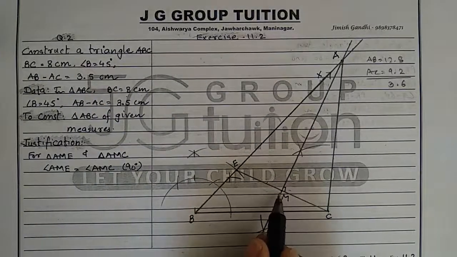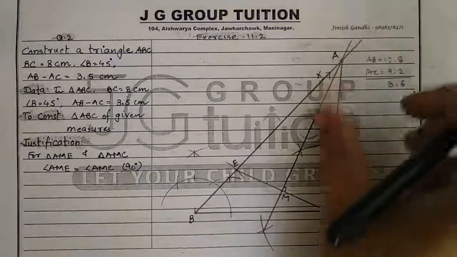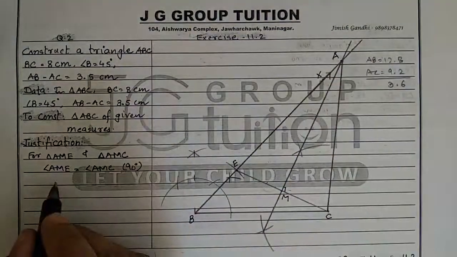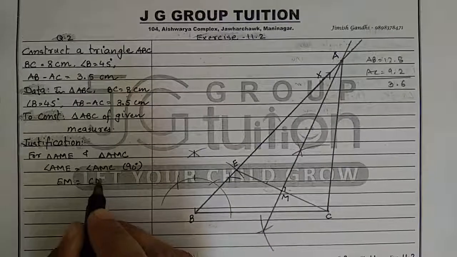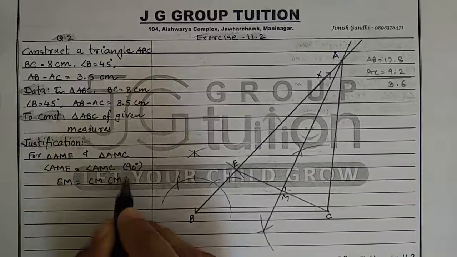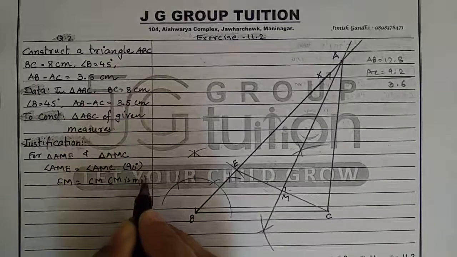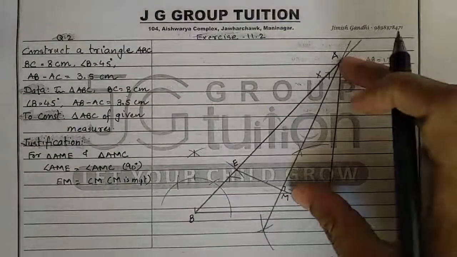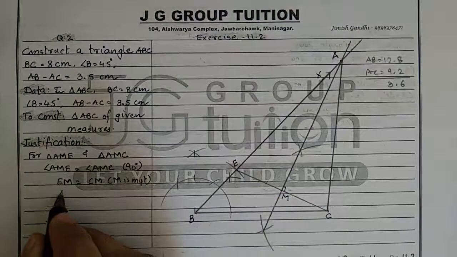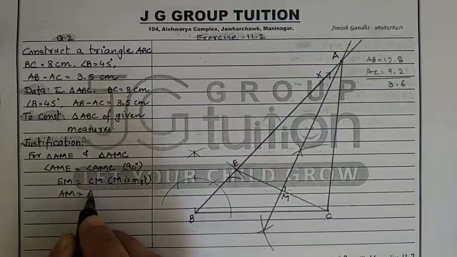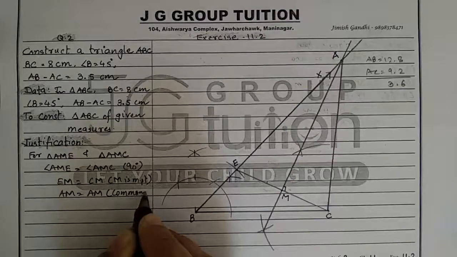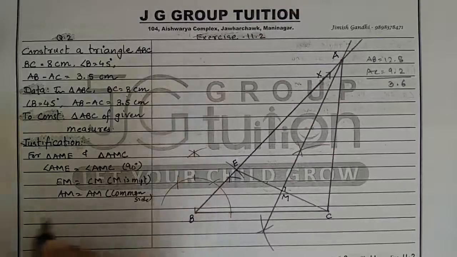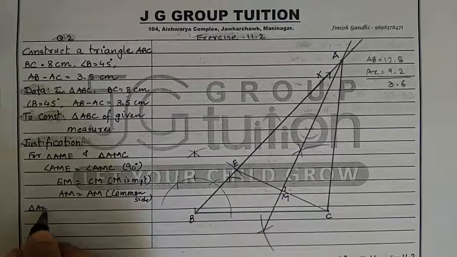As M is the midpoint, because this is the perpendicular bisector, EM equals CM. The reason: M is the midpoint. One more, obviously AM is the common side. So we can observe that both triangles are congruent to each other.